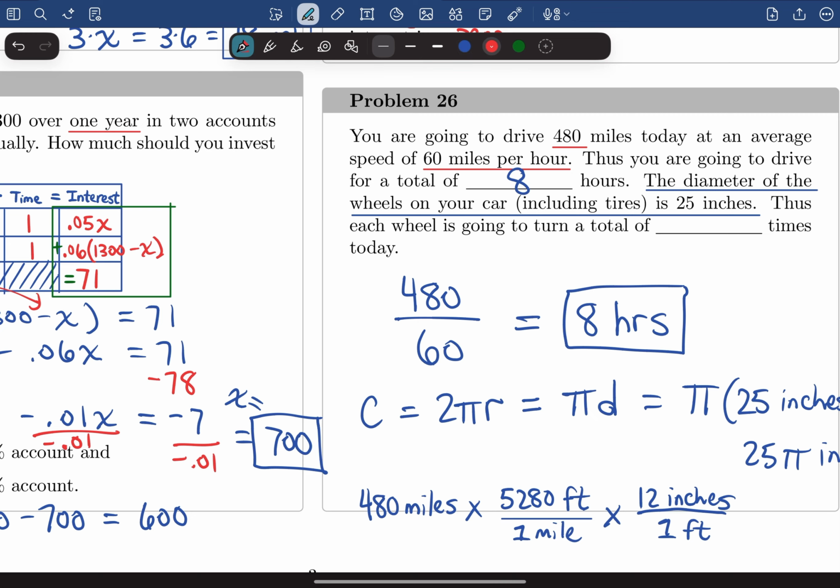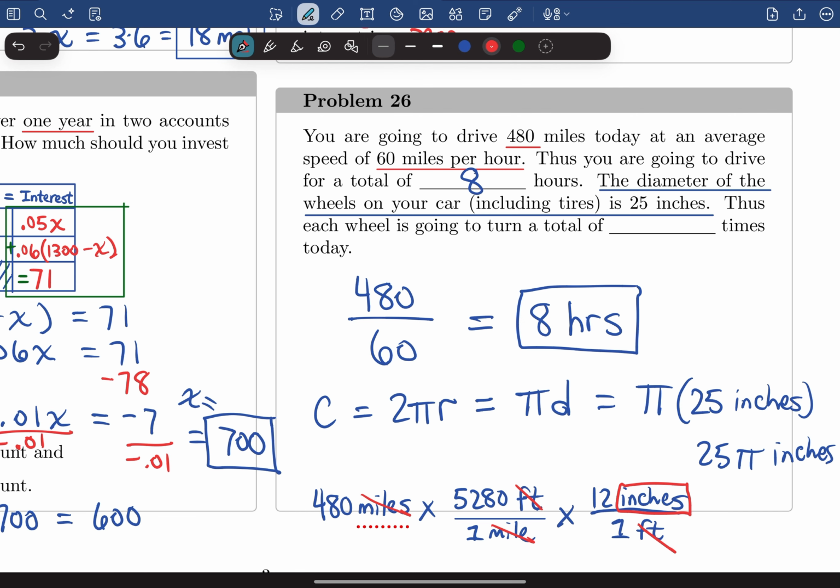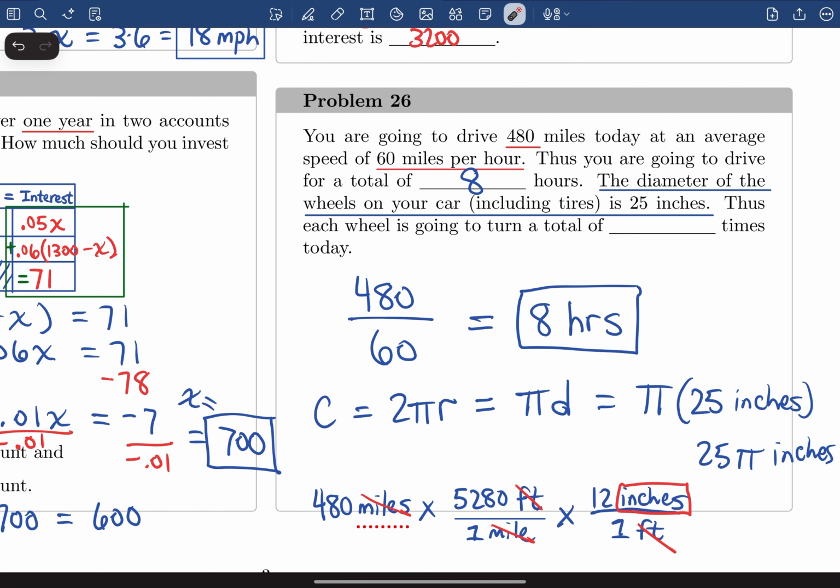Now what's great is, in this unit conversion, miles on the top kills miles on the bottom. They cancel. And feet on the top kills feet on the bottom. And our resulting unit of measurement is inches. And so I can multiply 480 times 5,280 times 12. And dividing by 1 doesn't change the answer, right? Dividing by 1 here and here.